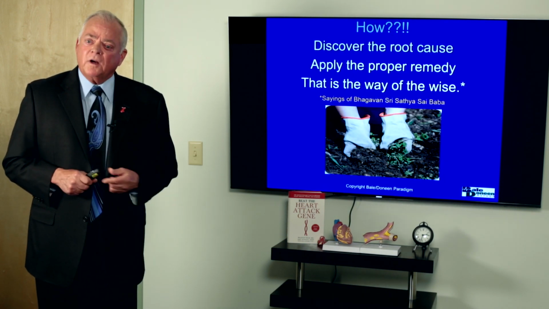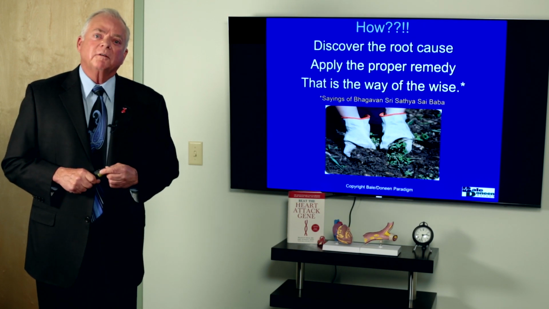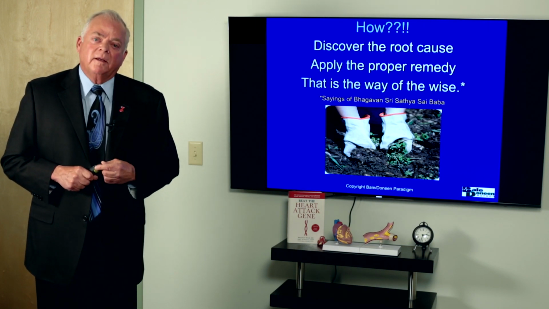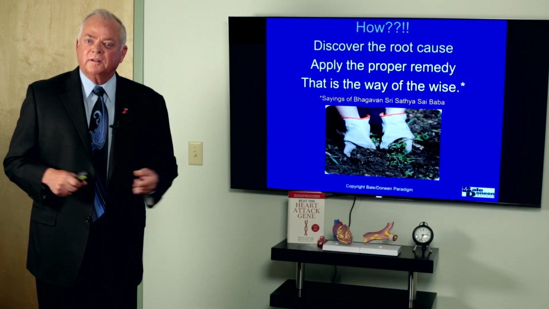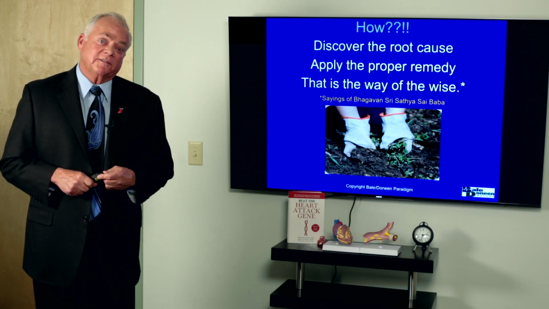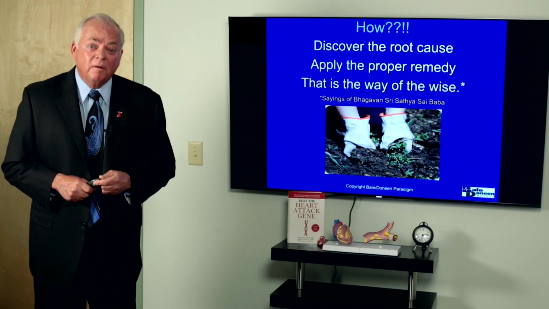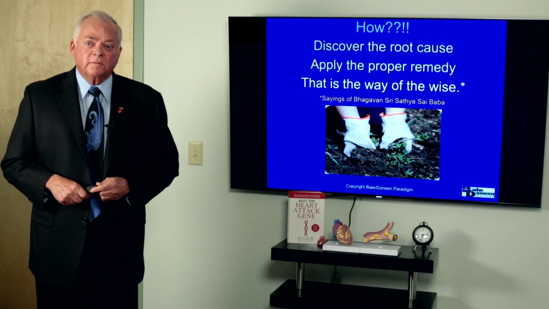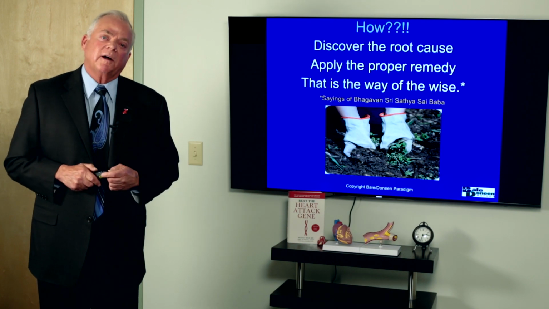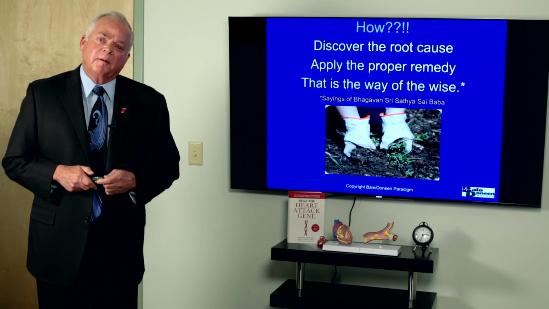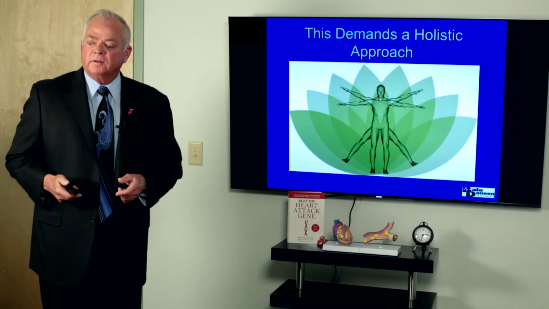Well, you better know what's causing the fire. Because if you don't know what's causing the fire, your management's probably not going to work. It's like if you walk in the kitchen, you see a fire and it's actually being caused by oil, and you throw water on it, goodbye house. So you have to know the root cause of the fire, apply the proper remedy. That's the way of the wise.